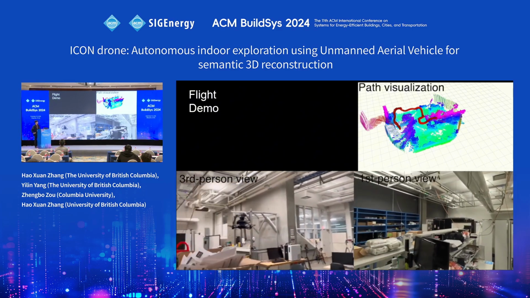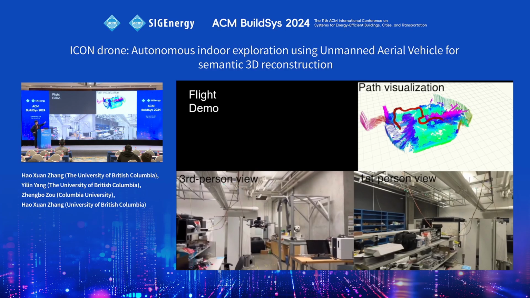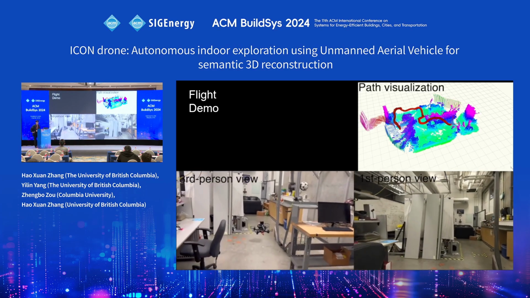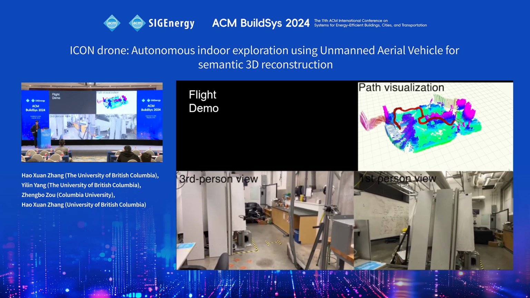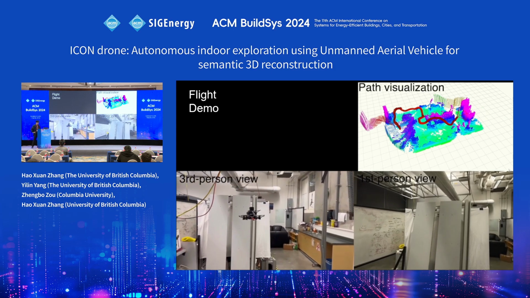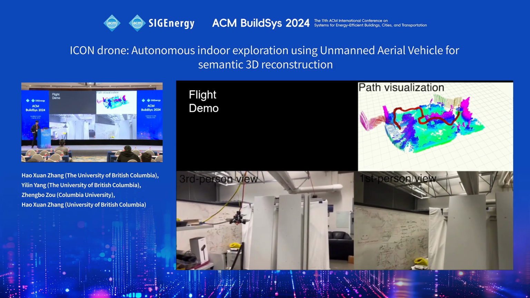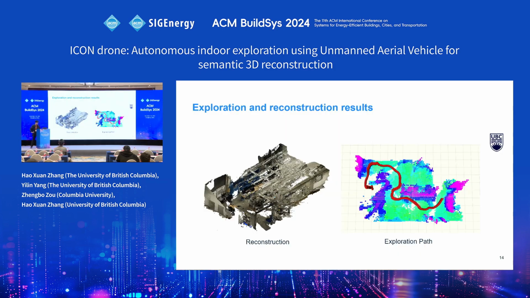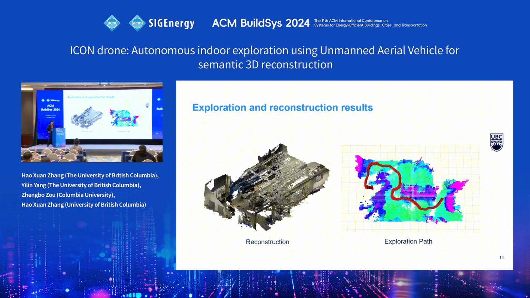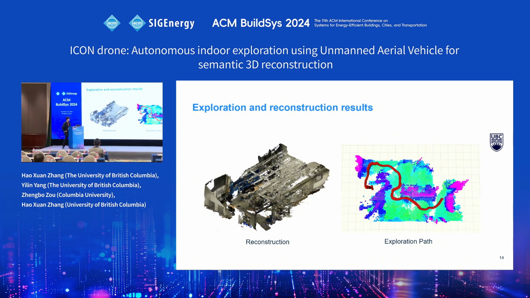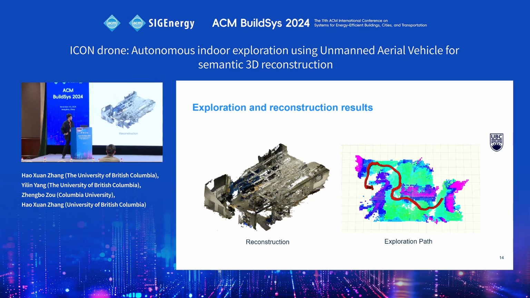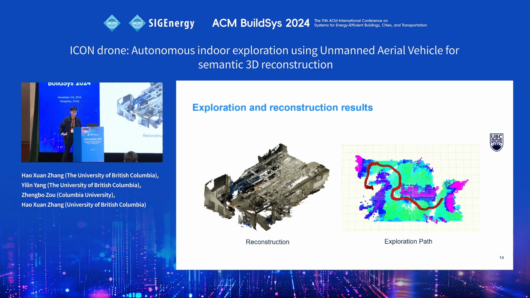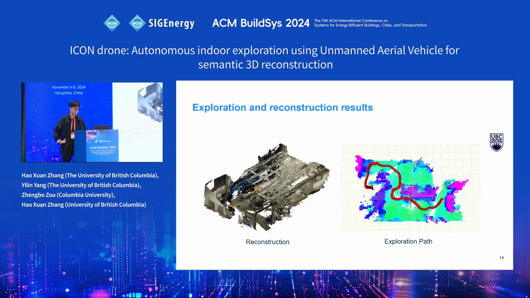It can avoid all the obstacles and try to explore the designated area as much as possible. Here is the reconstruction result and also the exploration path. This one was added last minute during shepherding, so we didn't do a lot of extensive experiments with it.